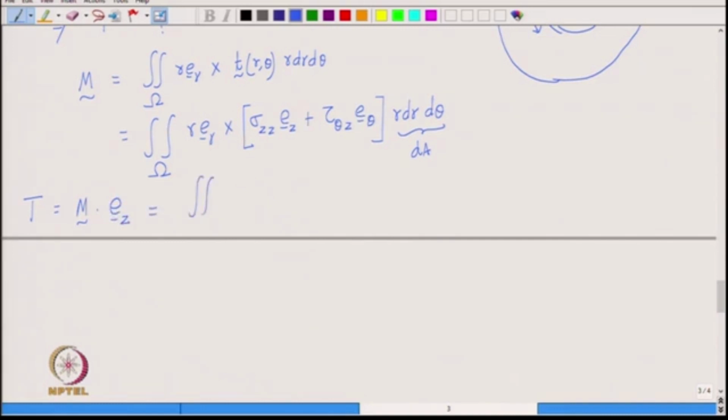So, here it then becomes integration over omega r E r cross product this thing, and then the whole thing has to be dotted with E z into dA. Okay. But you see E r cross E z will be perpendicular to E z, and when you dot with E z it becomes 0. So, this one does not contribute here.